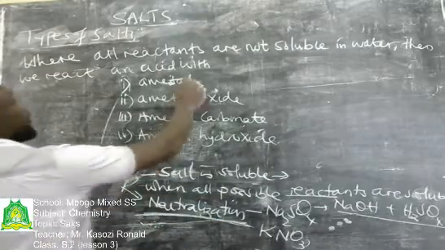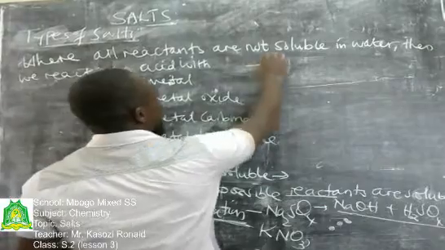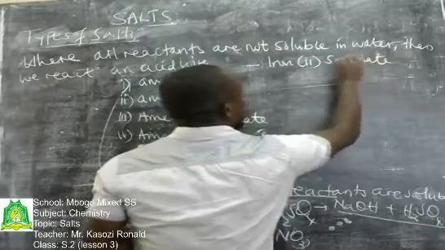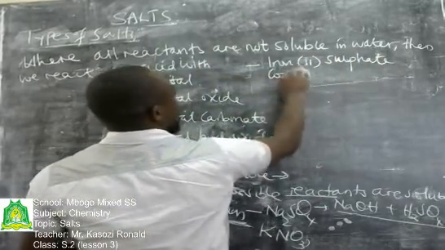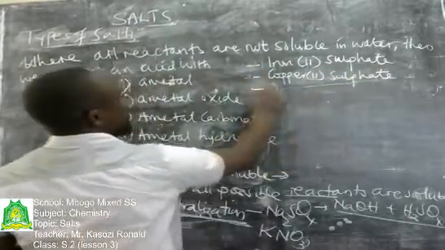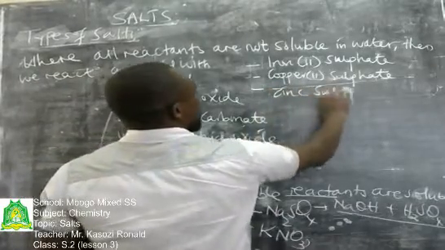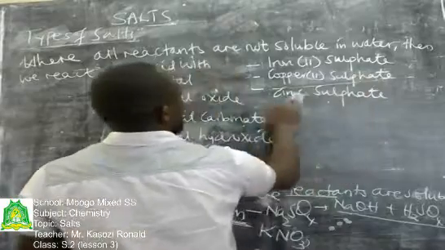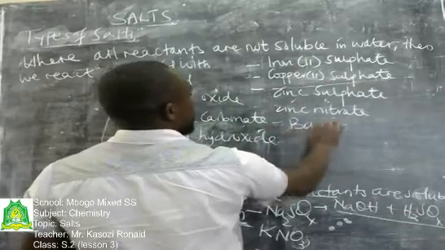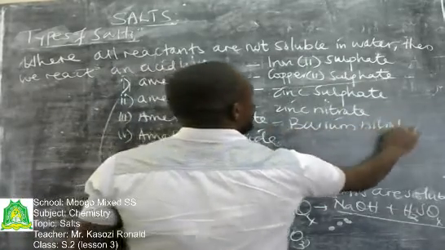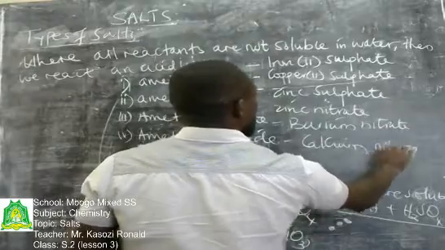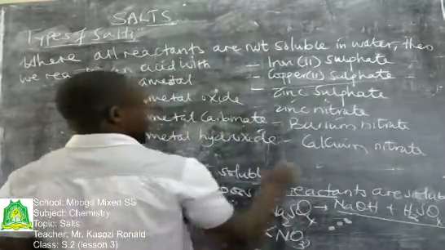For instance, this method can work for salts like iron(II) sulfate, copper(II) sulfate, zinc sulfate, zinc nitrate, barium nitrate, calcium nitrate, and magnesium sulfate.